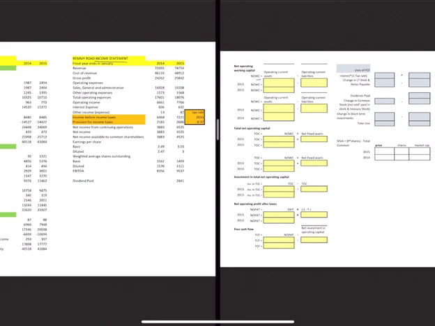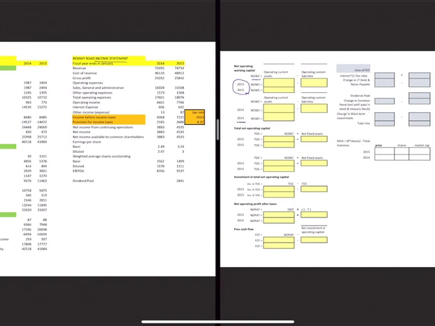Our net operating working capital is calculated by finding our operating current assets and our operating current liabilities. So the first one we're going to do is for 2015 because we're going to find free cash flow for the year 2015, which means we need information from 2015 and then 2014, the year before.